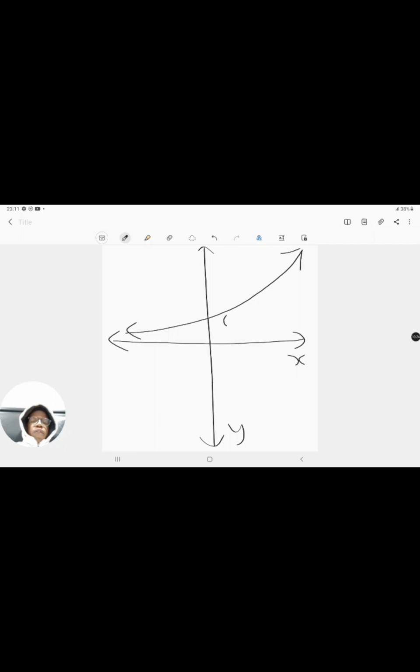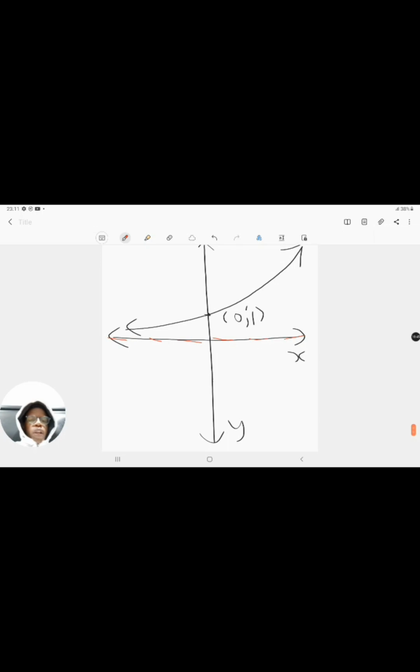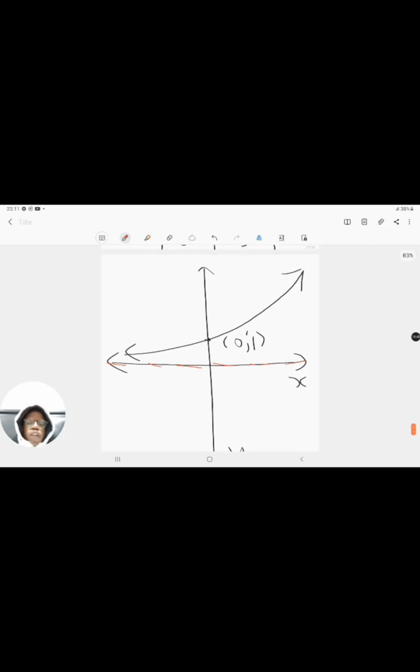Your y-intercept is 0 and 1, which is there at that point, and your horizontal asymptote is on your x-axis. I want you to remember that. Don't forget that. Now when it comes to the new graph, remember this is for y is equal to 2 to the power of x.